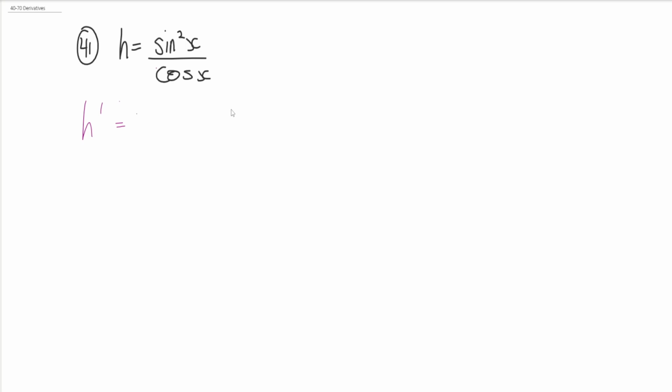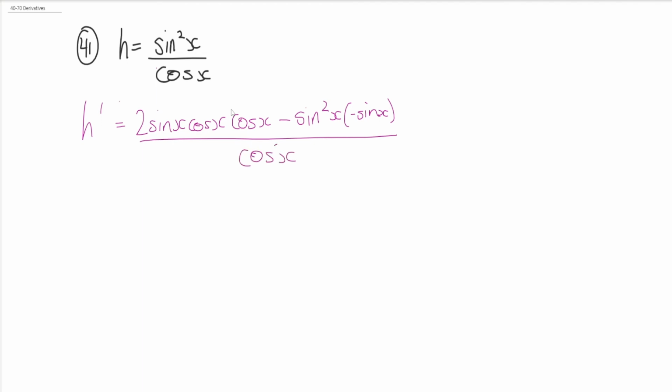So 2 sine of x cos of x times cos of x, minus sine squared x times negative sine x, all over cos squared x, right? So this is really plus sine cubed.